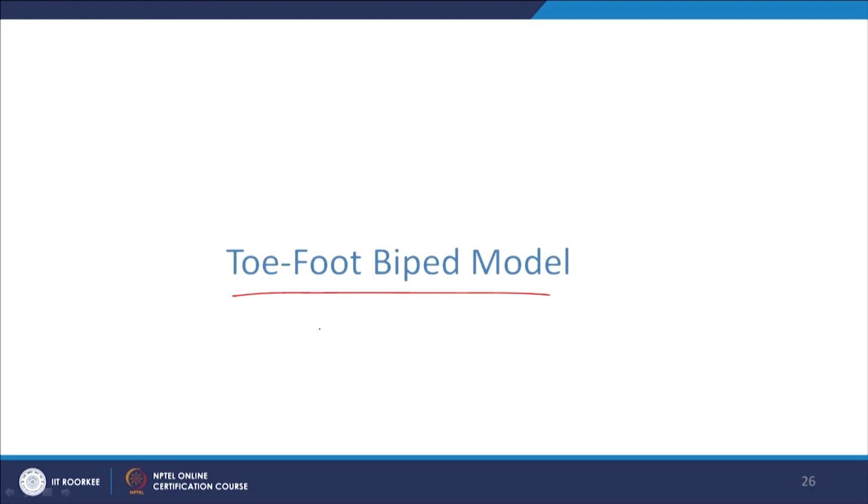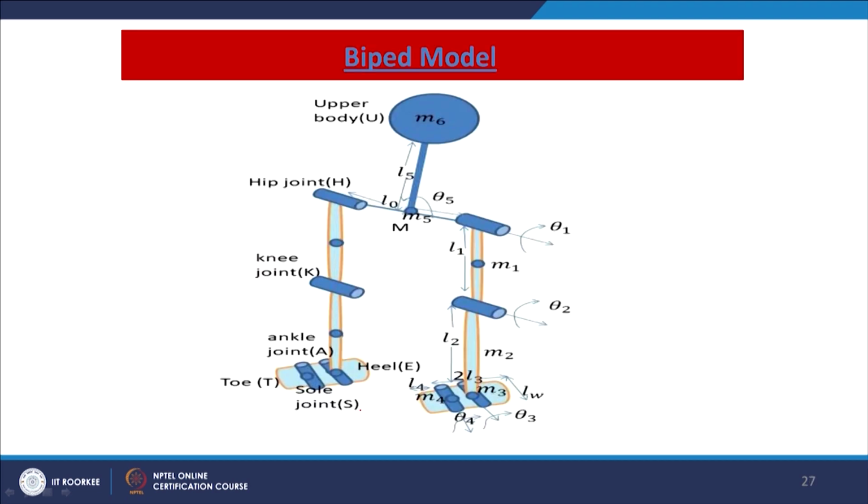Now, we can see the toe footed model. In the previous one it was a flat foot, there is no bending of the foot, it is like a rectangle only. Now, we can consider the foot itself as a 2 link manipulator, because there are 2 degrees of freedom.